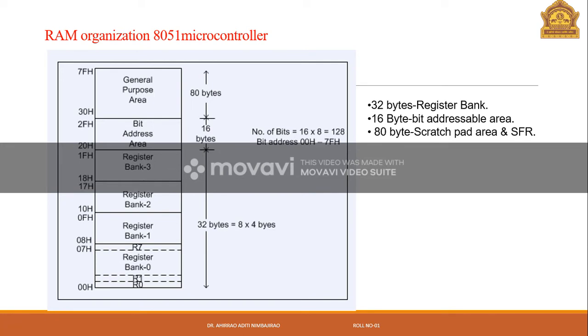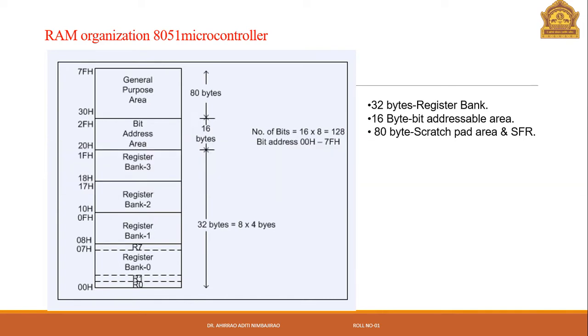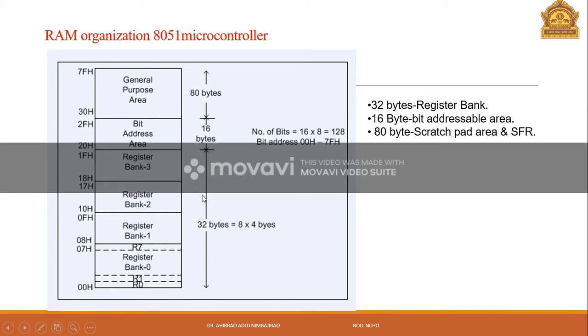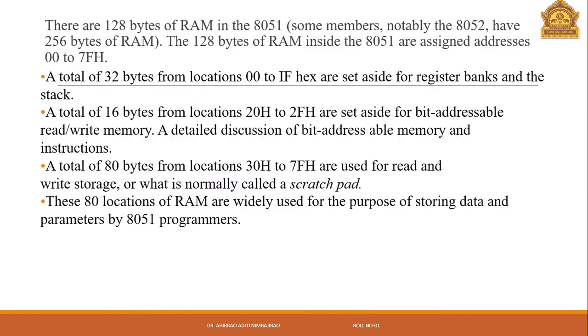For the different mathematical operations we can store information in this general purpose area. So the total 128 bytes is divided into 32 bytes of register banks, 16 bytes of bit addressable memory and 80 bytes of general purpose area. So we'll see the detailed structure of this.